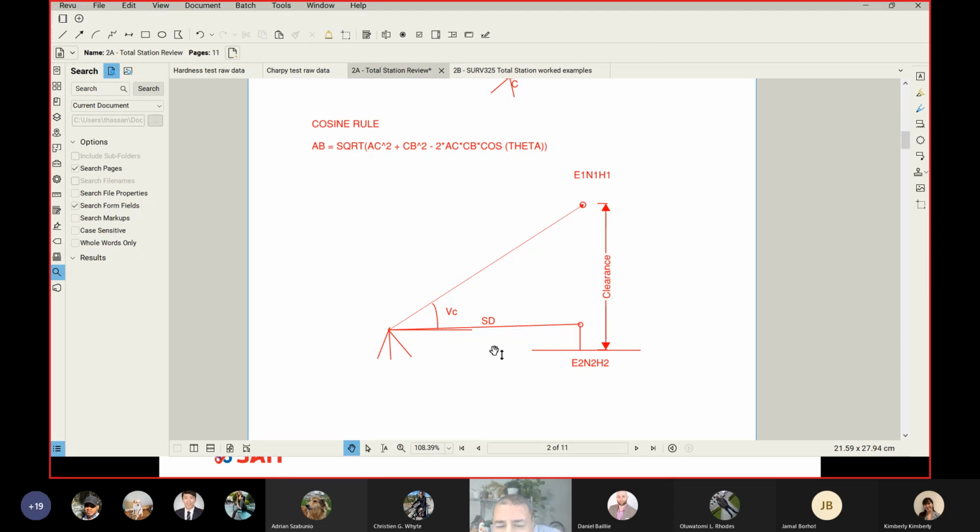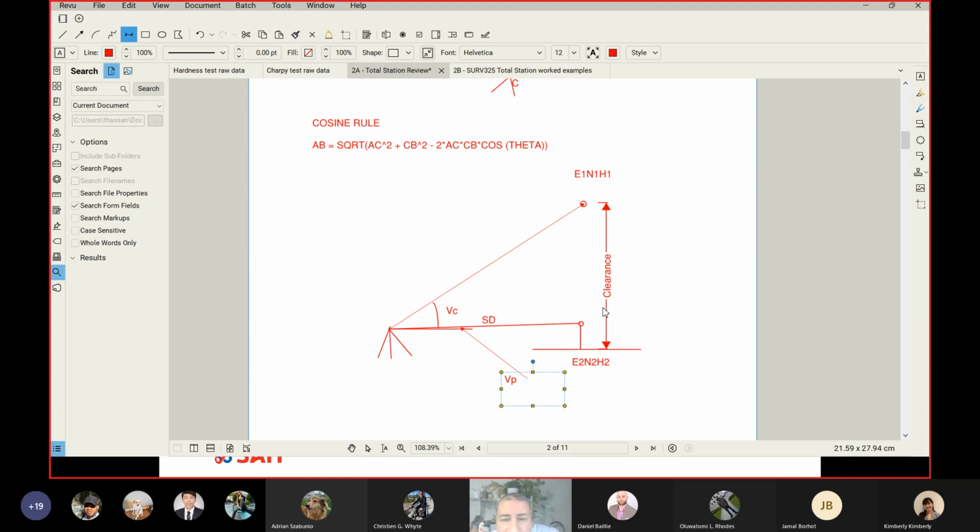And remember, with those measurements, so now I have one angle to the cable, I have a slope distance to the prism, I also have the angle here, I'll call this one V prism, so V for the prism, and then finally this distance called the reflector height. If you think about it, you will see with these measurements, so I have one angle, two angles, SD and RH. You see, if you know about math, you should be able to find the clearance. There is a relationship between them.